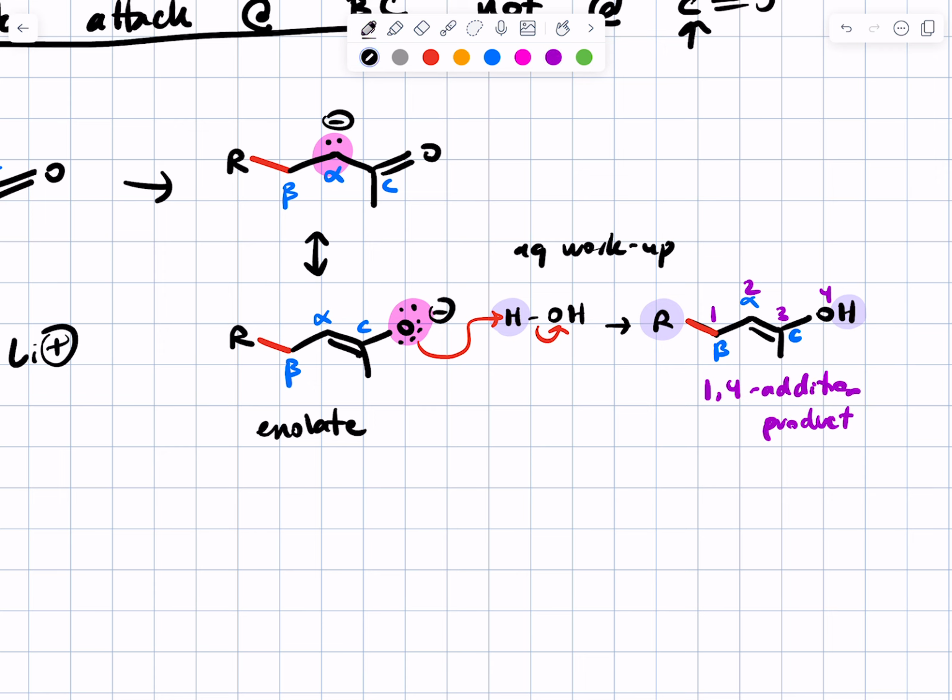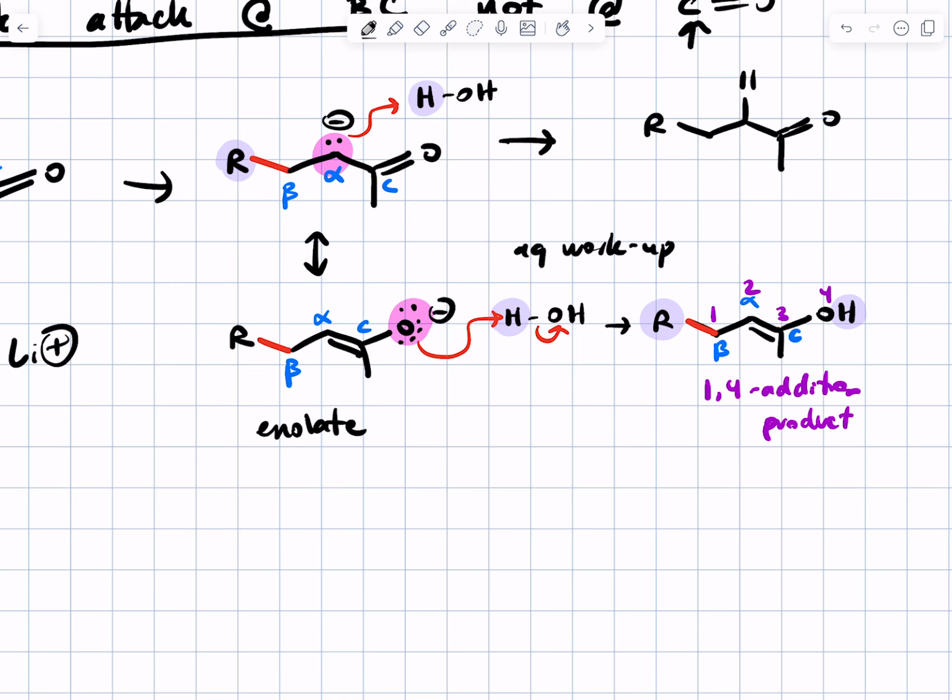Now, if we protonate on the alpha carbon in aqueous workup, here's what we're going to get. Just continuing to label things: alpha, beta. In red is the new bond. In purple are the two things that got added.